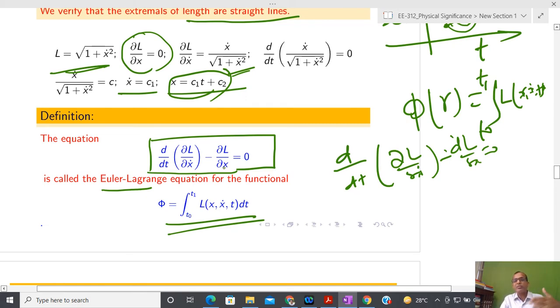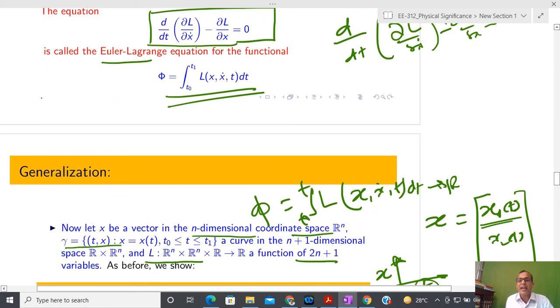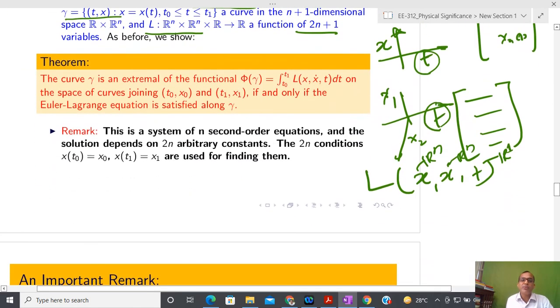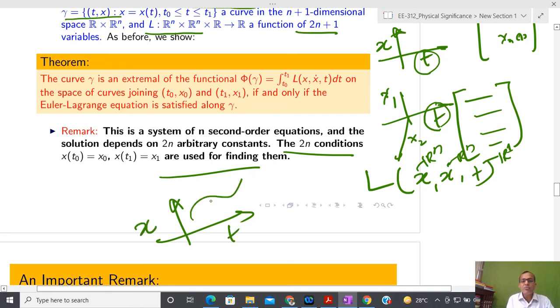So if I am talking about just a one-dimensional curve that lies in 2 dimensions, then I have a second order equation. Suppose this is t and x, and you define any functional that is a function of x, x dot and t, then whatever Lagrange equation or Euler-Lagrange equation comes into the picture, that is of order 2.